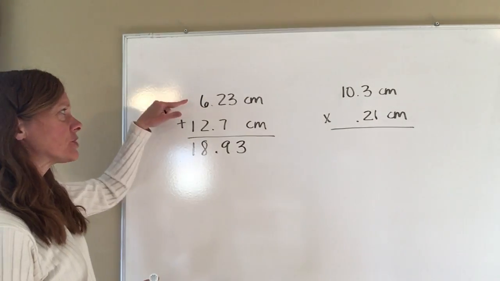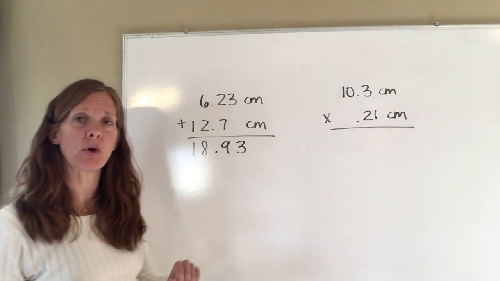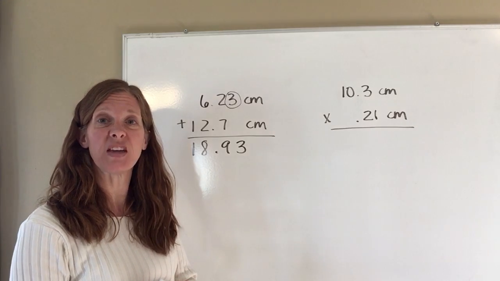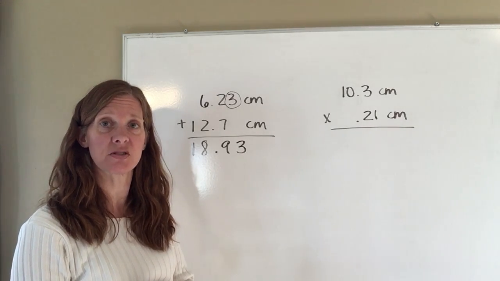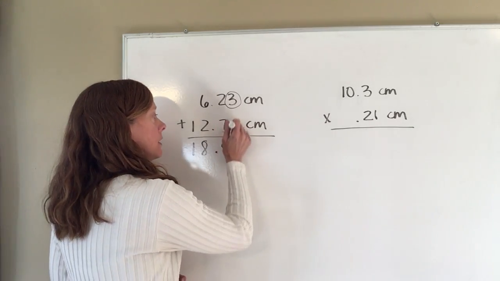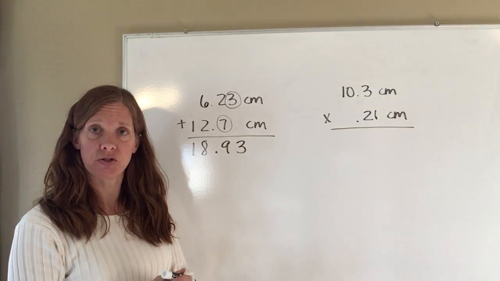So, in this first number up here, the 6.23 centimeters, the 3 is uncertain. It's the one that you estimated, the one that you had to guess on just a little bit. In the 12.7 centimeters, the 7 is the one that has some uncertainty in it.